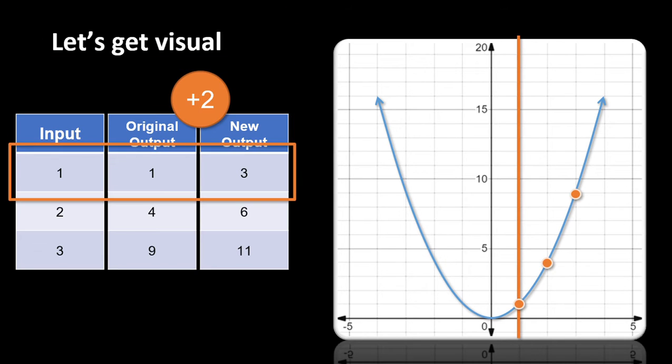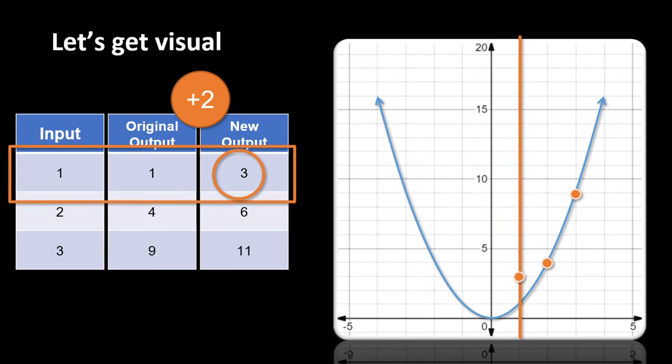Let's take a look at the first row in this table, and the input on that row is 1, and so we see a vertical line right there at x equals 1 because that's where the action is taking place. First the output was 1, but after our transformation the output got increased by 2, and we can see what that looks like on the graph as we go from original to new output. Let's look at the next row.